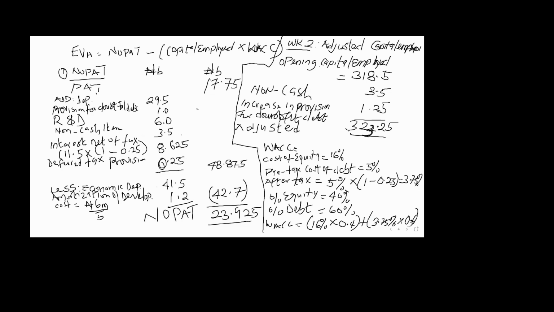You compare 2.25 minus 1 million, and that will give you 1.25. That increased portion will affect your adjustment for capital employed. Is that clear, please? Yes, sir.